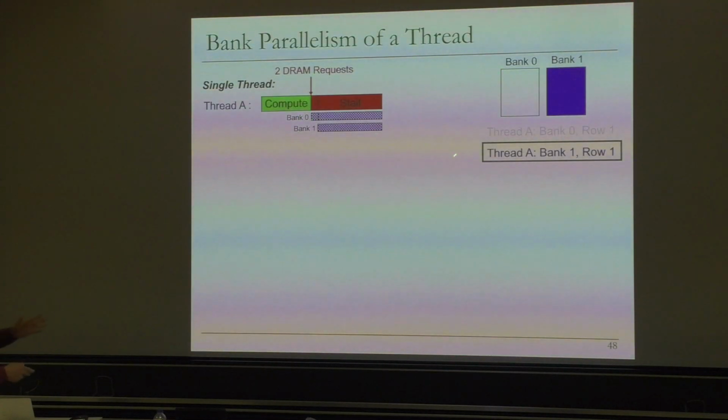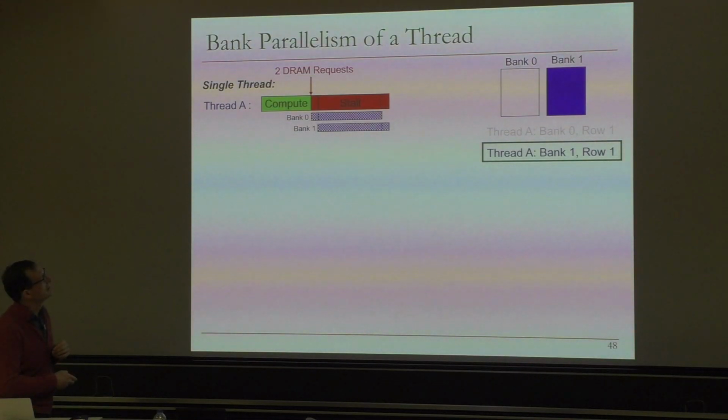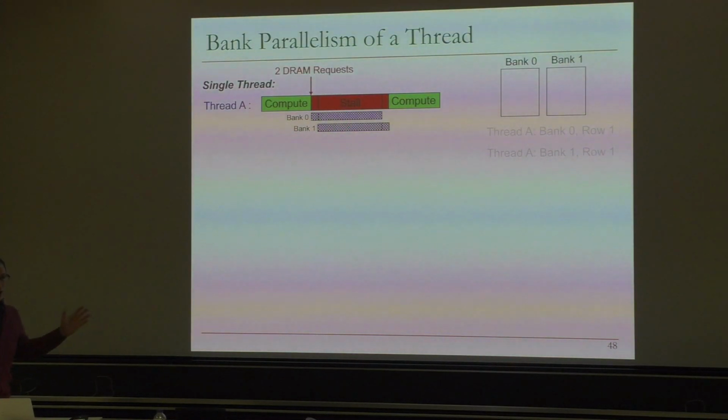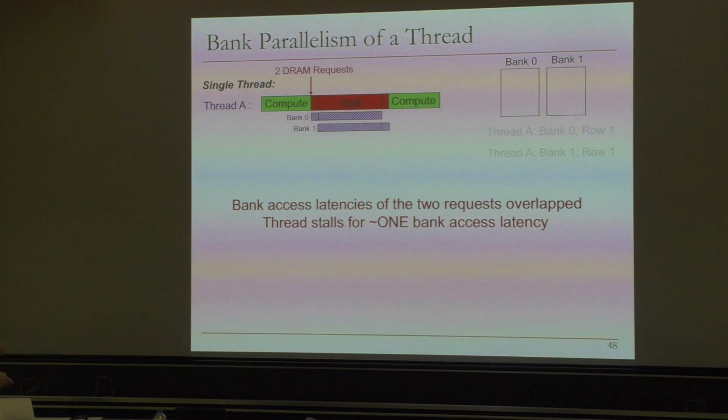Assume that you need both of the requests to make progress. The thread stalls until both requests are done, and then it can compute. This is nice. Even though there were two requests, the latency of both requests mostly overlapped. As a result, you didn't stall two times. You stalled only once, approximately, for two requests. That's the idea: the bank access latencies of the two requests are overlapped.